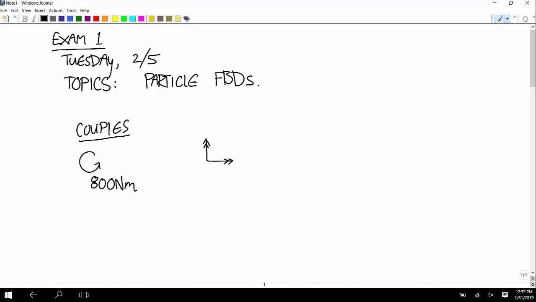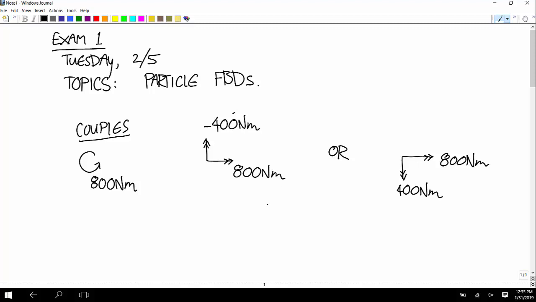And the way you know that you're dealing with a couple and not a force is that you put double arrows on the components. And so you would write this as like 800 Newton meters, negative 400 Newton meters. Or at negative 400, you could also do it like this. Some people like to do it like this. Just draw this in the opposite direction and then call it positive 400. So those 2 things mean the same thing.